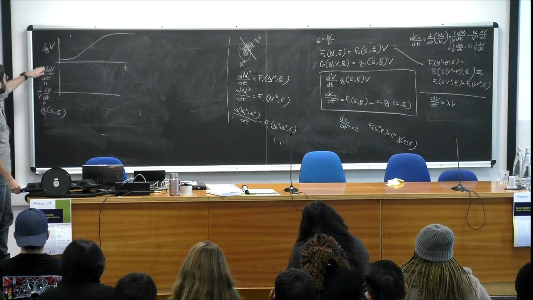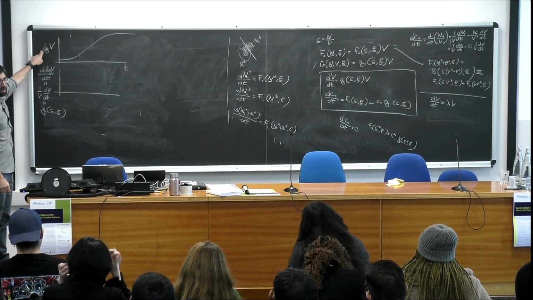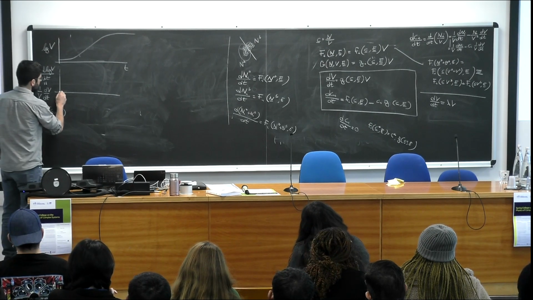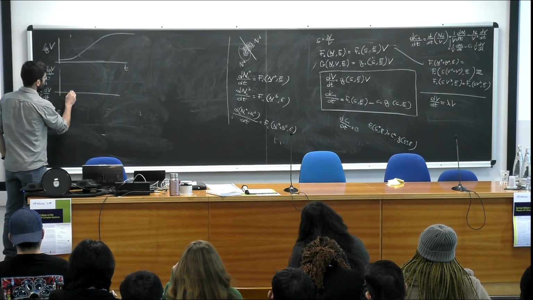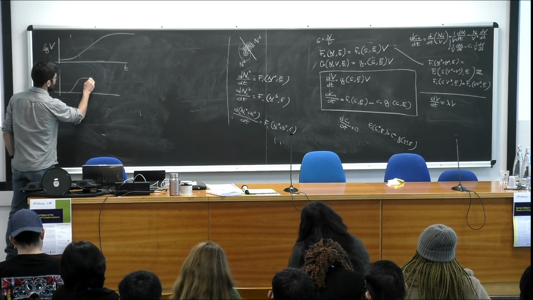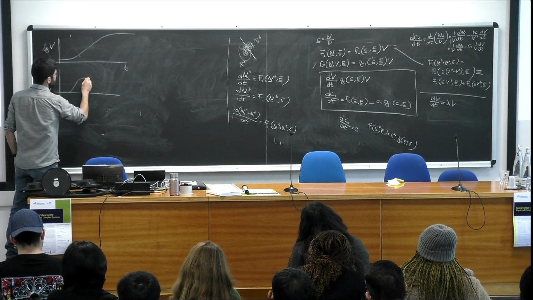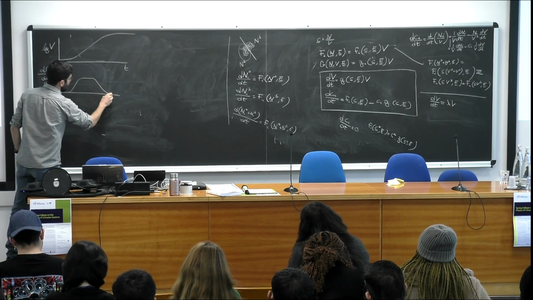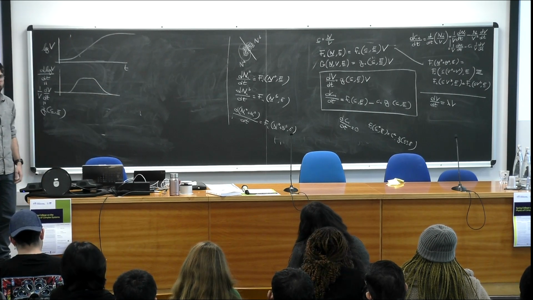At the beginning, this derivative over time of this quantity is very small. It's actually close to 0. Then it goes up to some stationary value, a sort of plateau. And then it starts decreasing and goes back to 0.